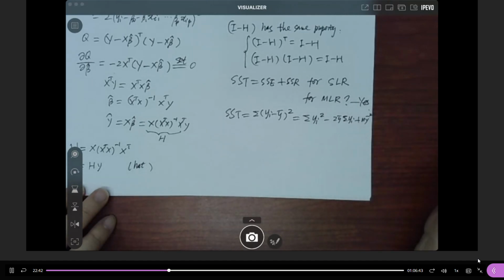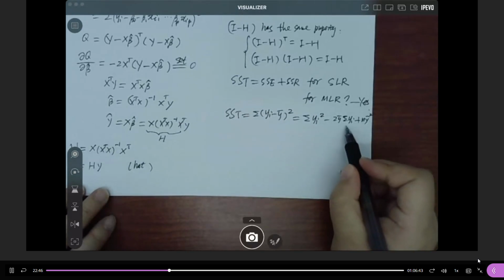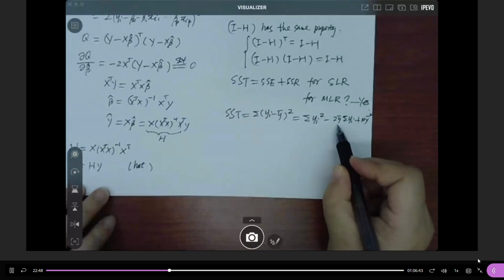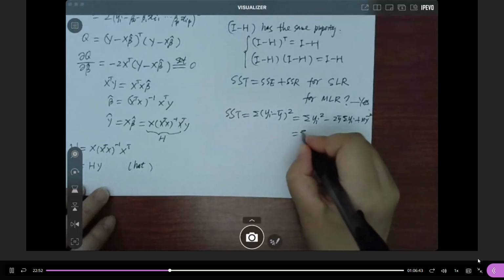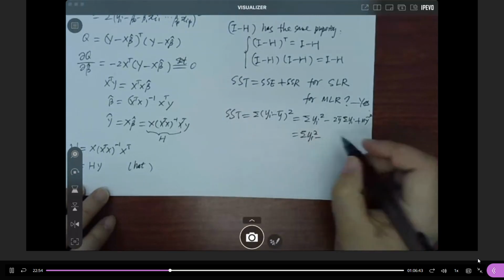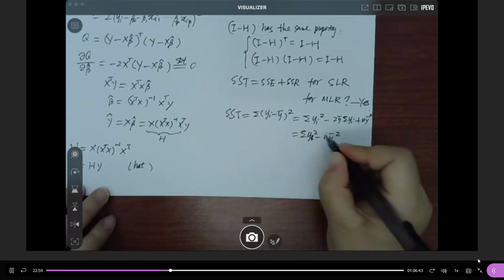Okay, y bar is constant with respect to the summation. Then you realize summation yi is n times y bar, so you have minus 2 n y bar squared plus n y bar squared. Minus 2 plus 1, you get summation yi squared minus n y bar squared.